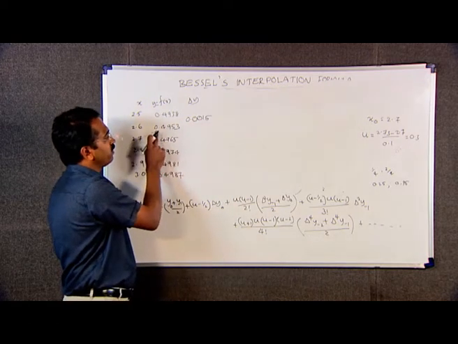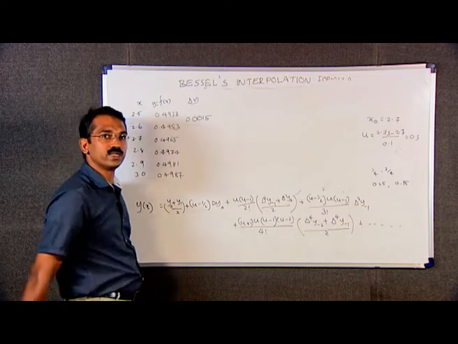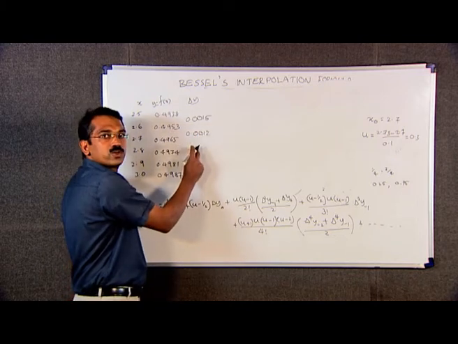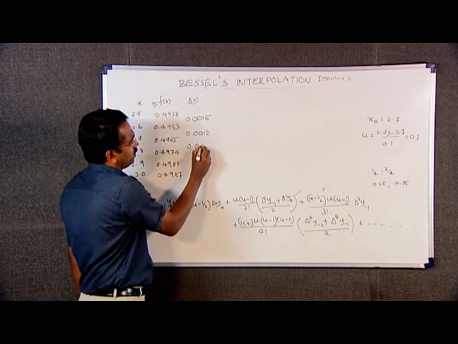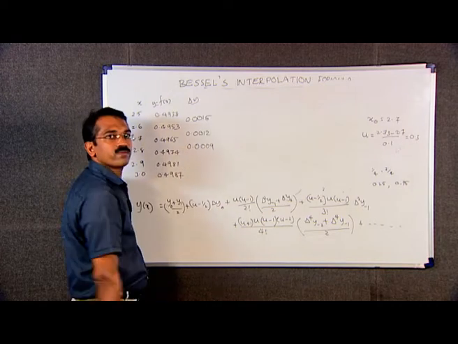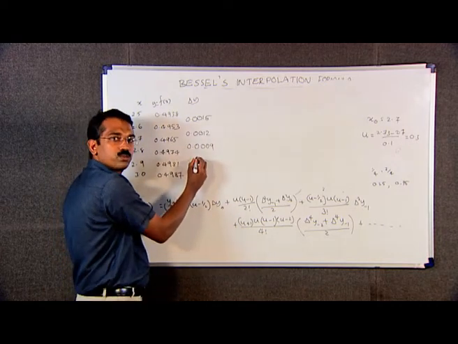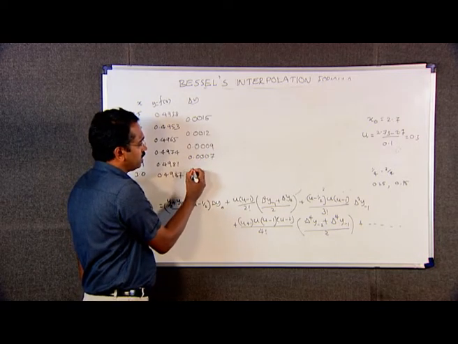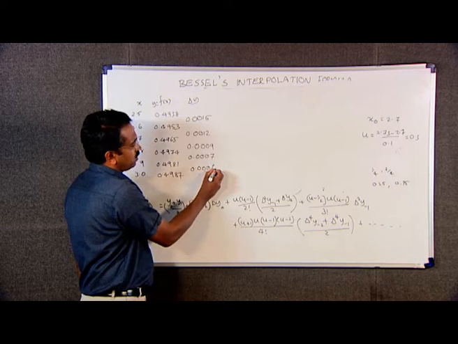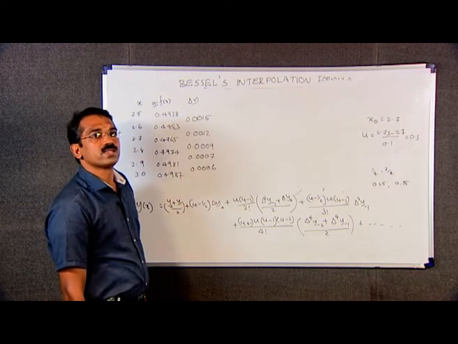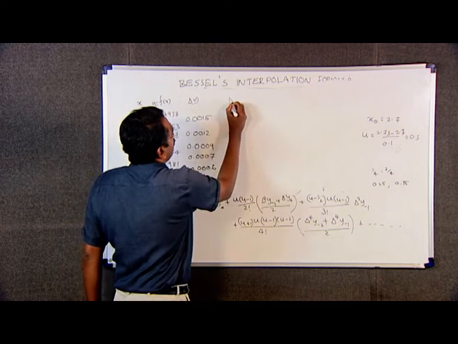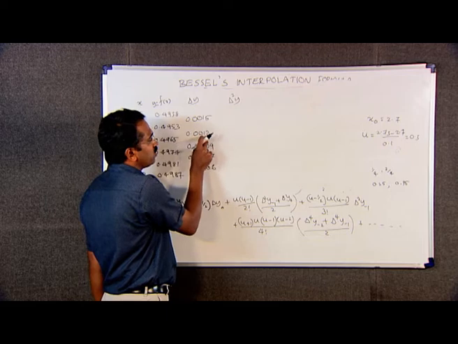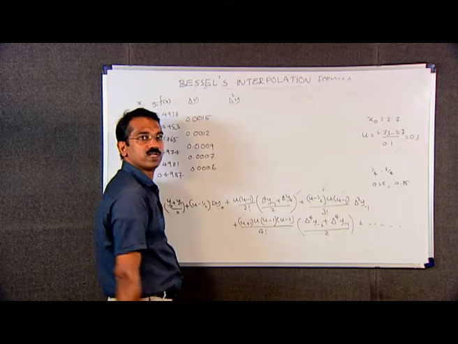Next is 0.4965 minus 0.4953, which is 0.0012. Next is 0.0009, next is 0.0007, and the last one is 0.0006.